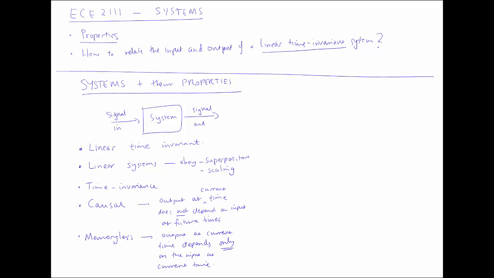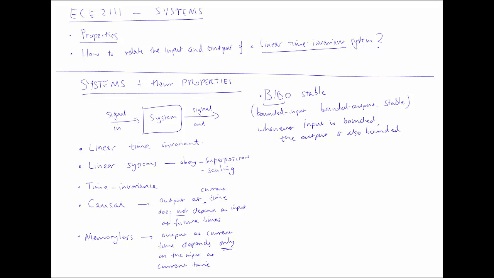The other key property we had of systems was being BIBO stable. BIBO means bounded input, bounded output. What does that mean? Whenever the input is bounded, the output is also bounded. So these were some of the key properties of systems that we studied.